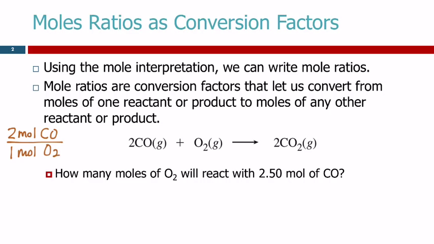Or I could say that I will get 2 moles of CO2 for every 2 moles of CO that react. What we're doing, here's an understood 1, and then we stick the unit mole in here.